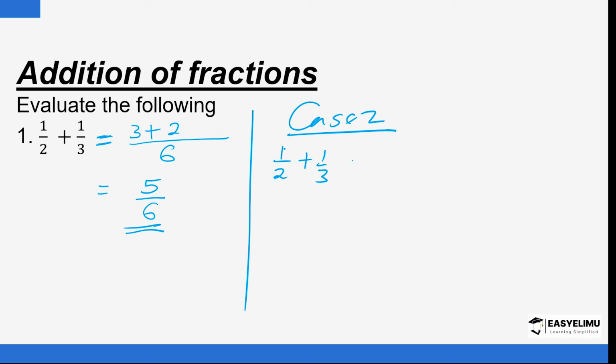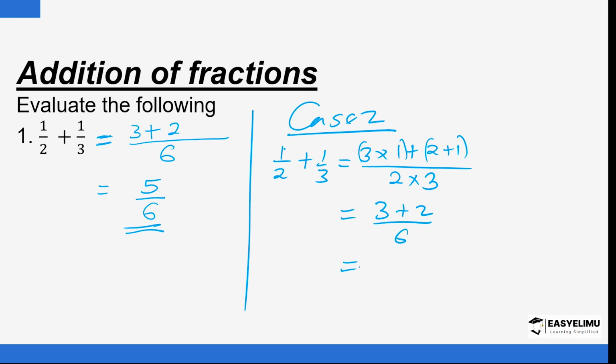We start with this diagonal here, so 3 by 1, and then we add 2 by 1, and then here we are multiplying 2 by 3. So you see we are getting 3 plus 2 over 6, which is equals to, again, 5 over 6. The same answer as what we got in the previous case. So either of the methods can be used depending on which one you find easier.